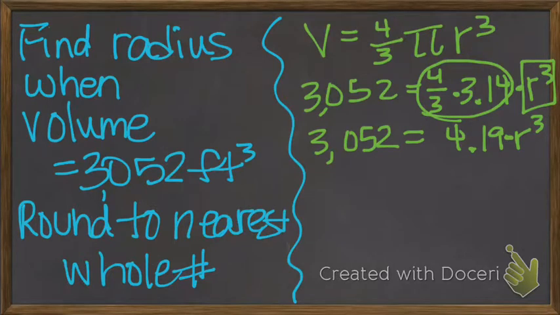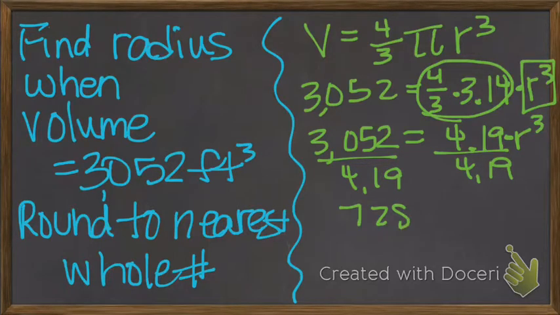These are multiplied together, so to get r cubed by itself, we've got to divide by 4.1867. And that gives me 728.4 equals r cubed.